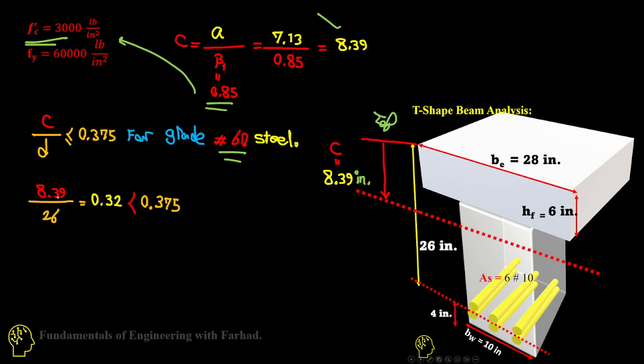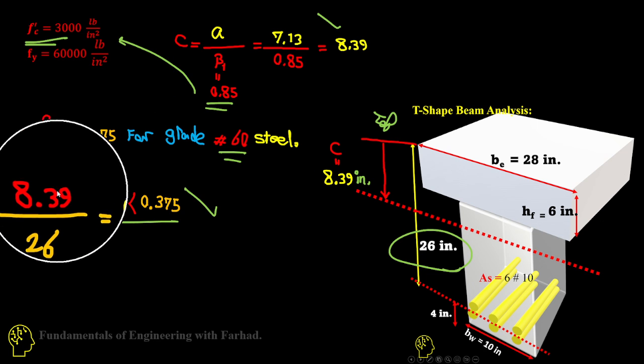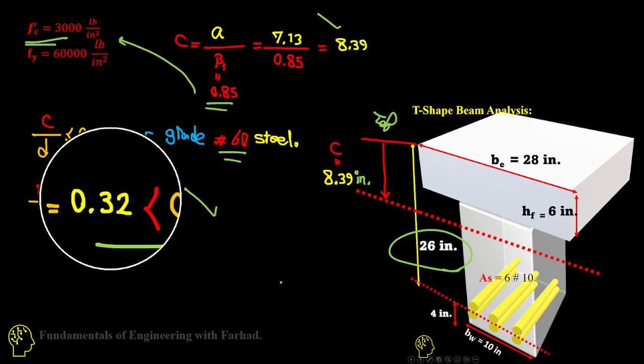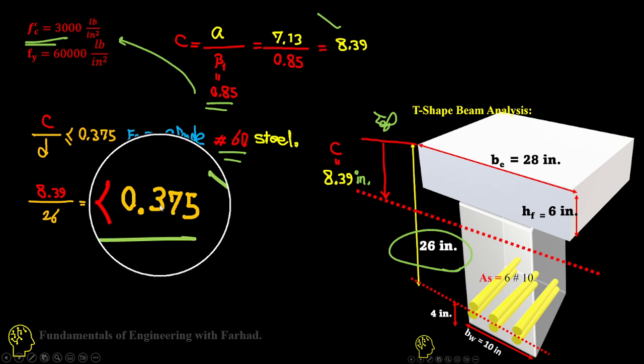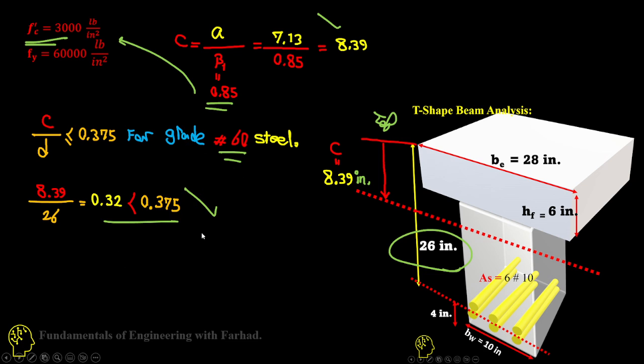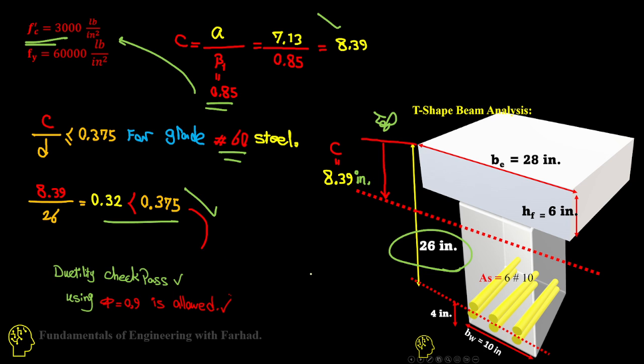So 8.39 over 26, which is our effective depth, is equal to 0.32, and that's smaller than 0.375. So our section is ductile.